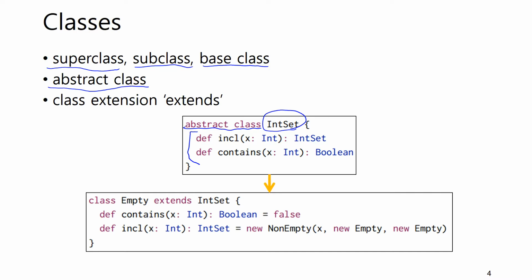We can create a subclass of an existing class with the keyword extends. Here's an example of a concrete class, Empty, which extends the abstract class IntSet. This class Empty is concrete, and you can instantiate it to create concrete objects because all its methods are fully implemented.